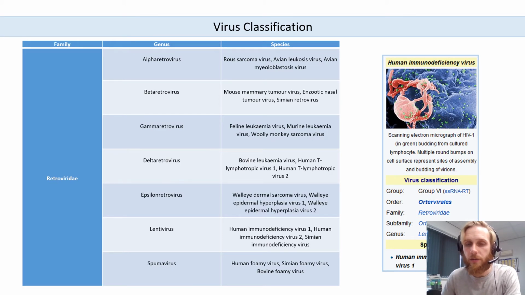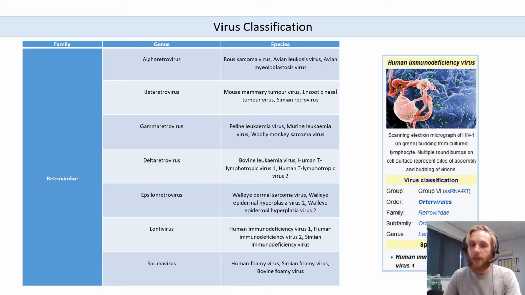Within each genus, we have the species that fit within that genus, and again you see we're grouping these viruses based upon similarity, and that similarity is genetic similarity. So we are using the phylogenetic system still.